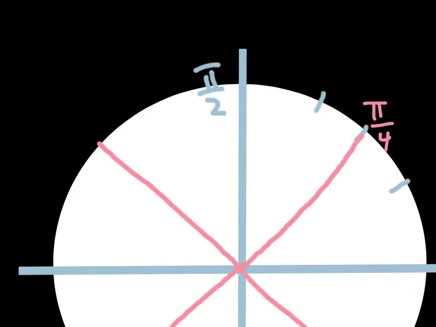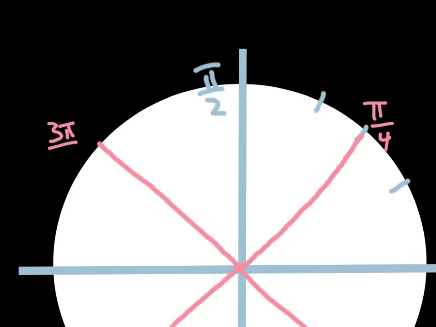And if you don't believe me, take 45 degrees and convert it using our conversion skills from a few sections ago. And now I'm going to count. And I know counting is difficult sometimes, but this is 1 pi over 4, 2 pi over 4, and 3 pi over 4. Cool.